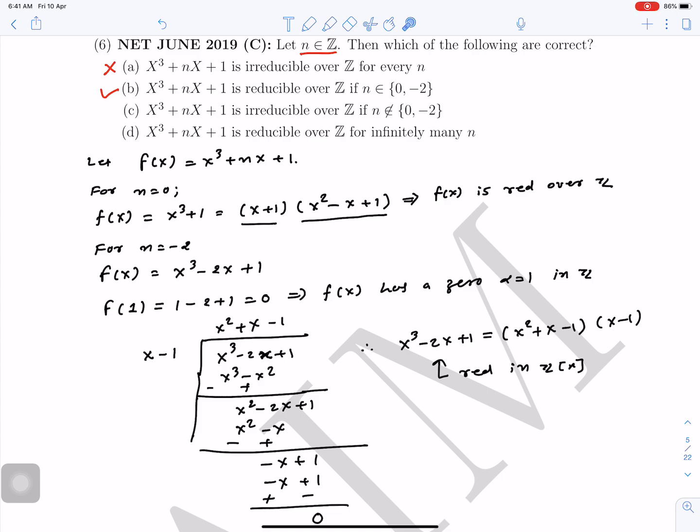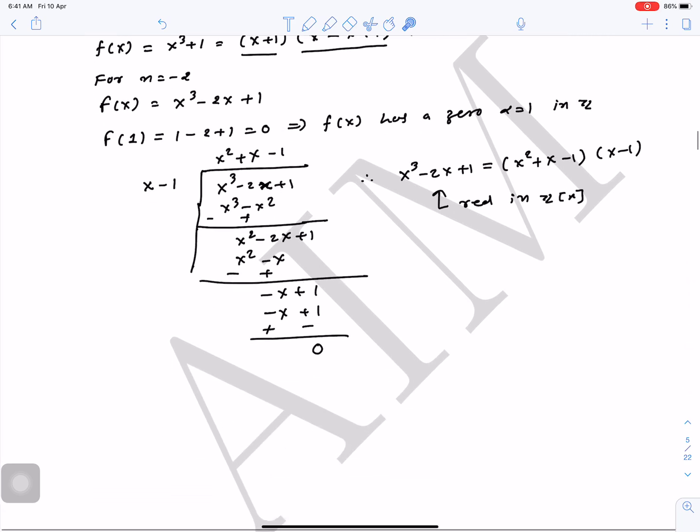So if you take n as a value other than 0 and minus 2, then it is irreducible. In option B we have seen it is reducible for 0 and minus 2. So let us see.